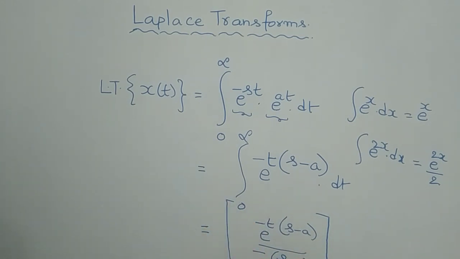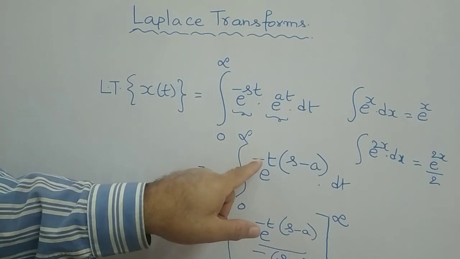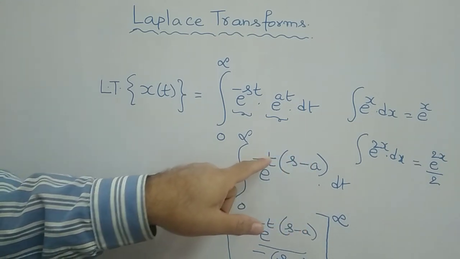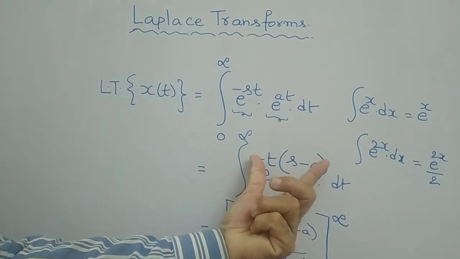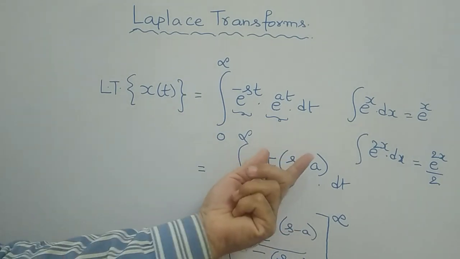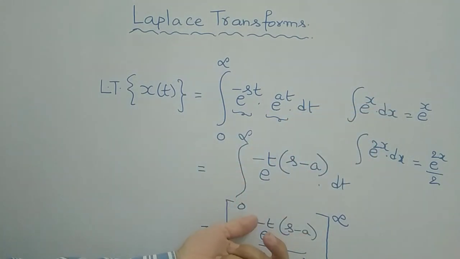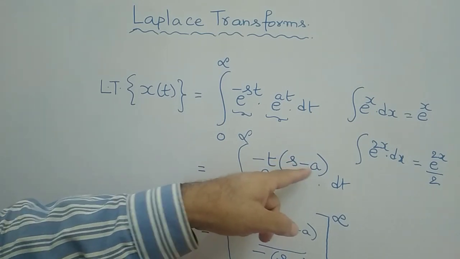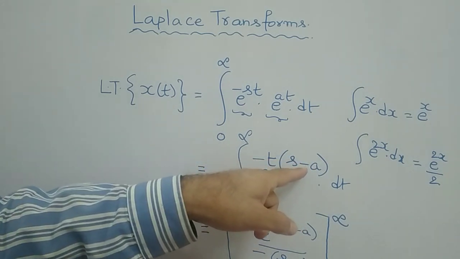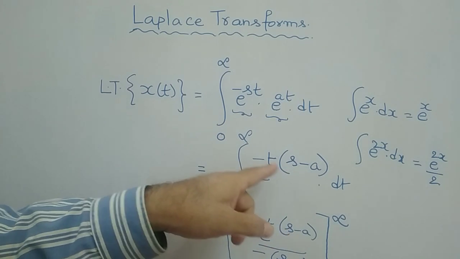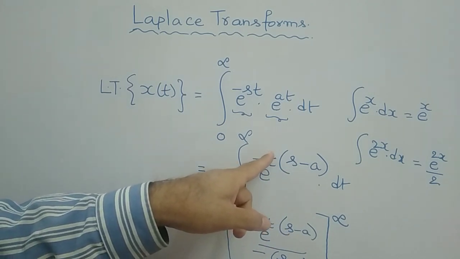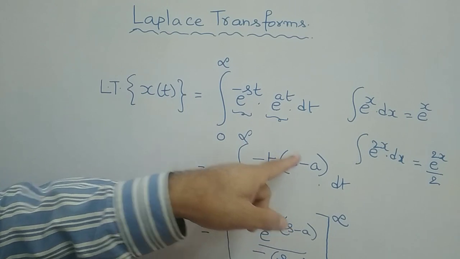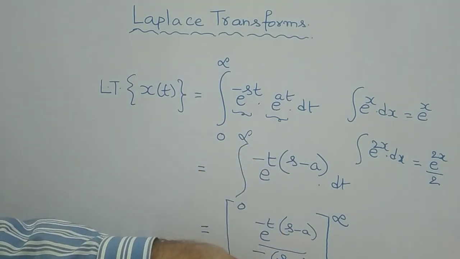Now for this you need to apply the limits 0 to infinity. Understood? The entire power, minus t into (s-a), if you consider everything as x, then it becomes e^x, and the integral of e^x is e^x only. With respect to dt, t becomes 1, then what remains is minus (s-a), which comes in the denominator, right?